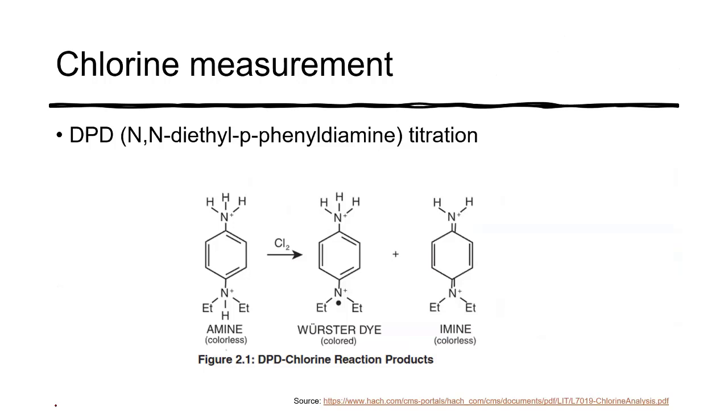Nobody wants to pronounce N-diethyl-p-phenylenediamine, so they just call it DPD. And what you'll see is a color change. And this dye here is sort of a pinkish color. So what you will do is you will add the DPD, and the color is related to the concentration.